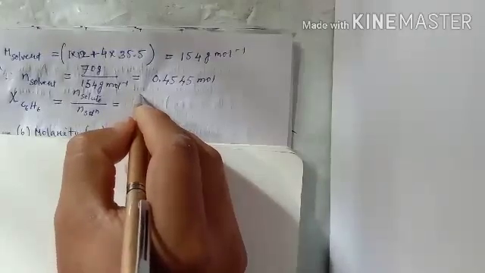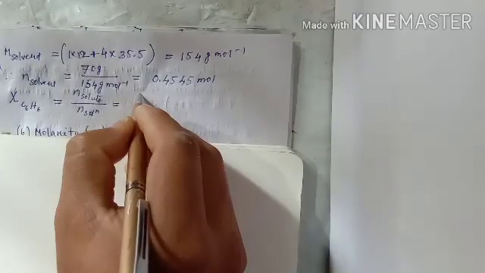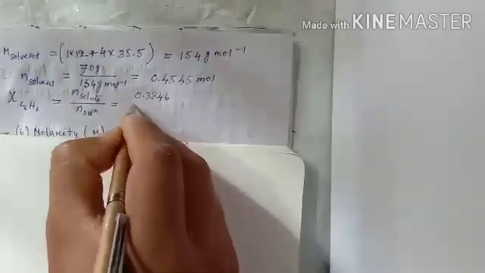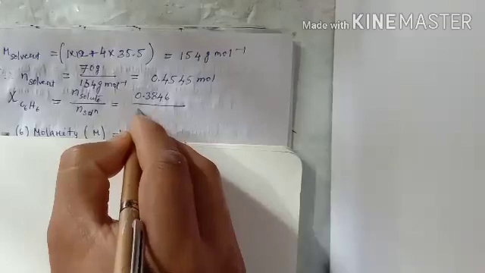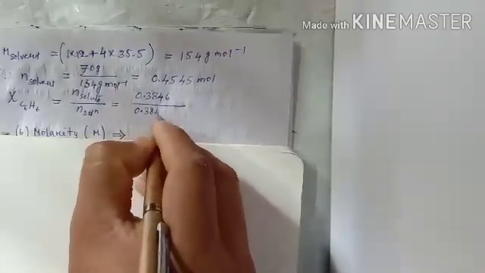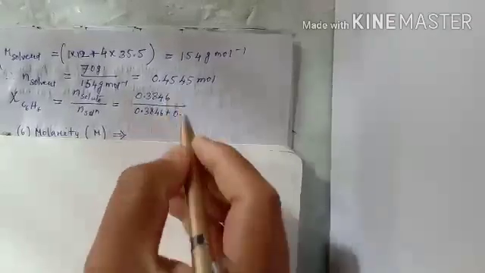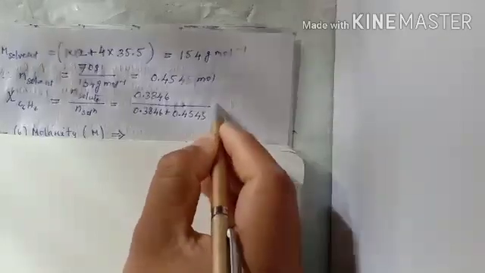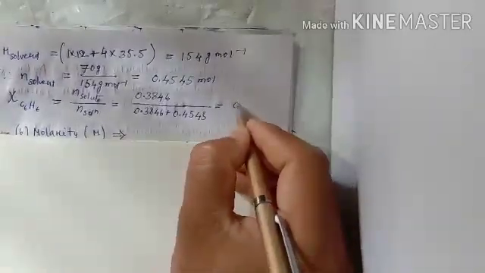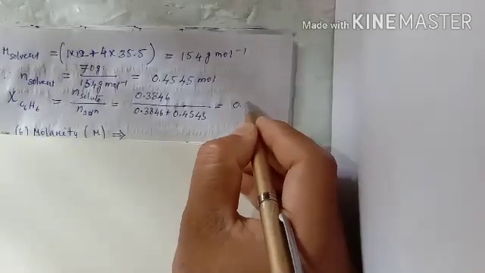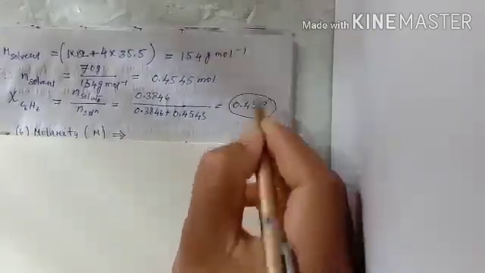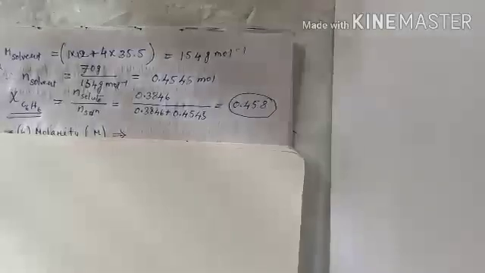So the number of moles of solute is 0.3846, divided by the number of moles of solution, which is 0.3846 plus 0.4545, the number of moles of solvent. If you do the problem, the value will be approximately 0.458. This is the mole fraction of benzene.